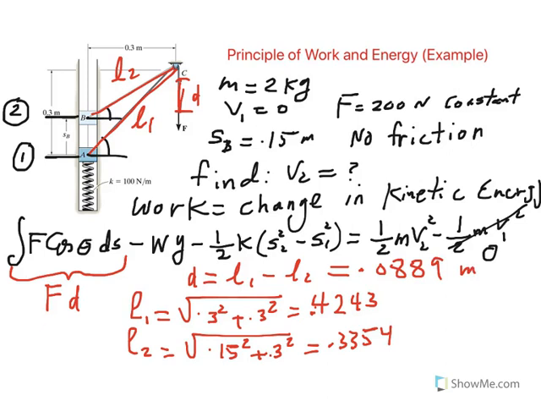So the work of this force would be 200 times 0.0889. And that way we avoid integration.